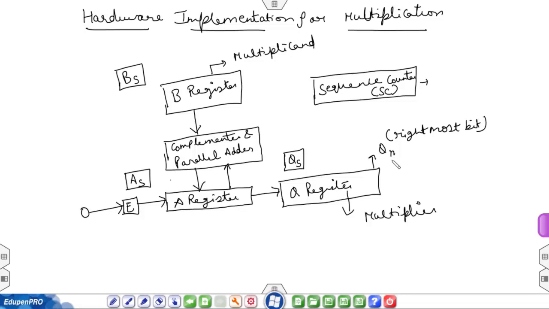Every time we have to check the value of Qn, the rightmost bit of the multiplier, to perform the multiplication. We will discuss this by taking one example. A will be storing the partial product result. E is the carry register here, initialized with 0.